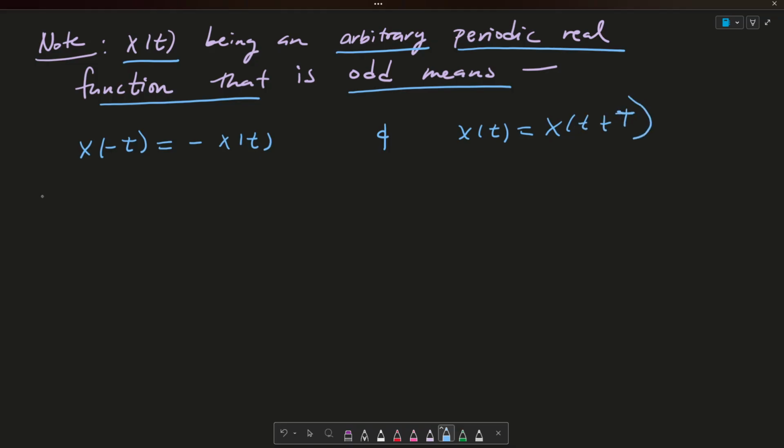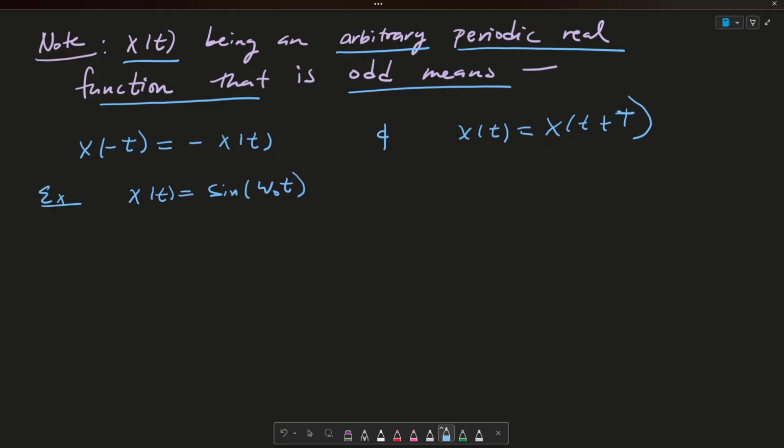An example of this is what's called the fundamental odd function example, which says let x of t be equated to sine omega naught t. So why is this function an arbitrary periodic real function that is odd?